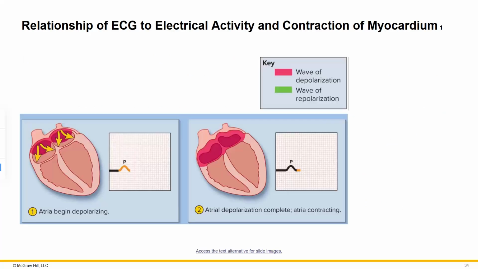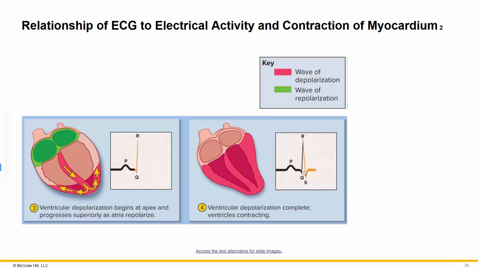So if we were to relate the ECG to what's actually happening in the heart, the atria begin depolarizing and they're going to produce that P wave, and then the atria are going to contract to produce the end of the P wave and that P to Q complex. Then ventricular depolarization begins.